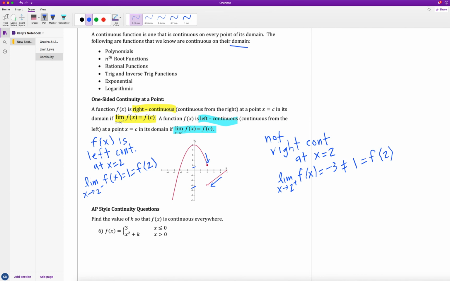So from this graph, we do have a value that's left continuous since the limit from the left equals that filled-in circle, but it is not right continuous since that limit from the right is going towards an open circle.